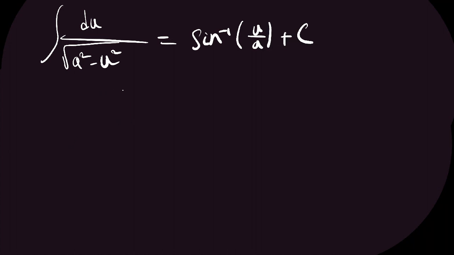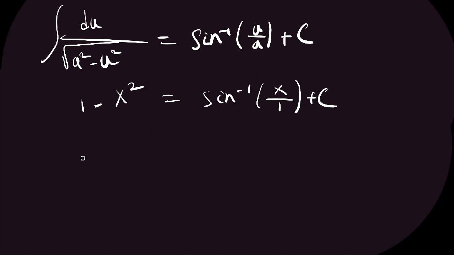So let's suppose u was like x and a was 1, so 1 minus x squared. This would just be sine inverse of x over 1, or just x, plus c.